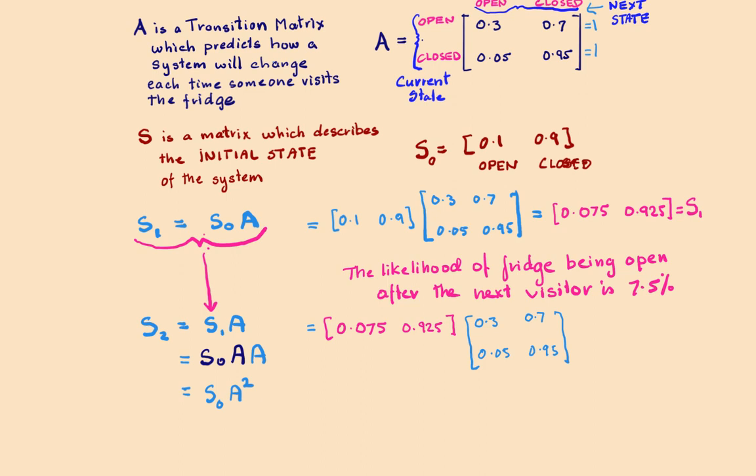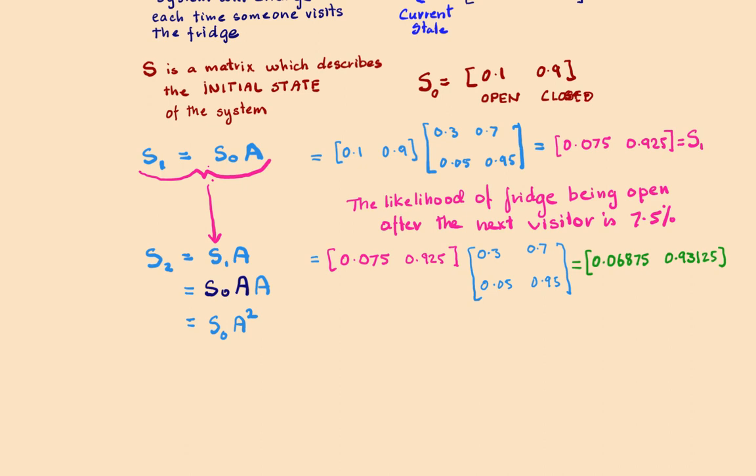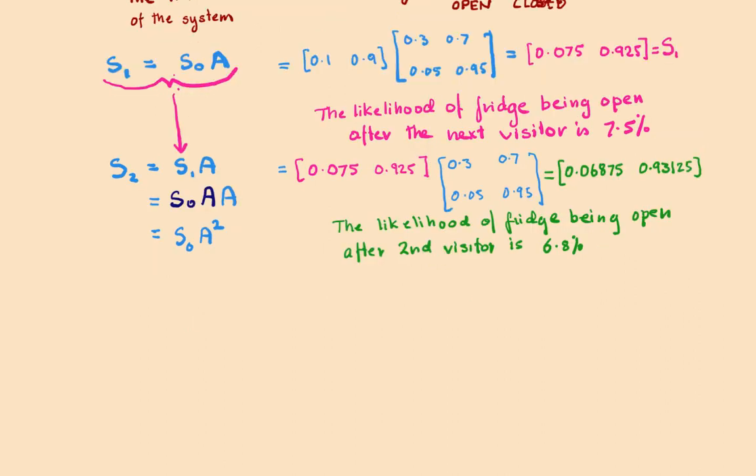You can find this out by using your technology or calculator to multiply those matrices. And so the likelihood of the fridge being open after the second visitor walks in is going to be 6.8%.